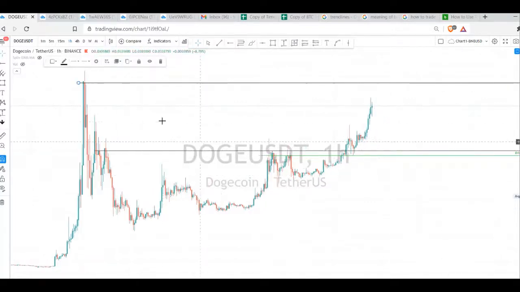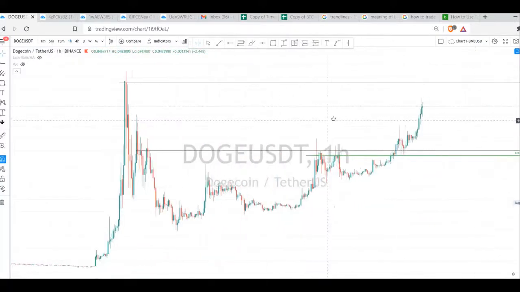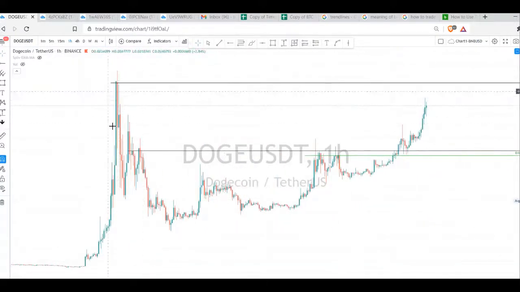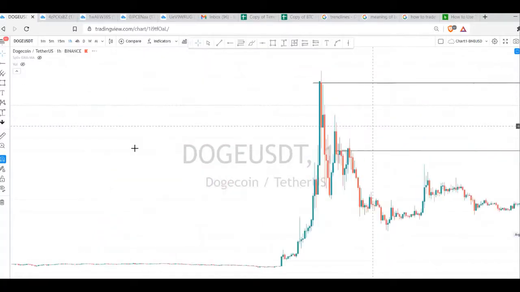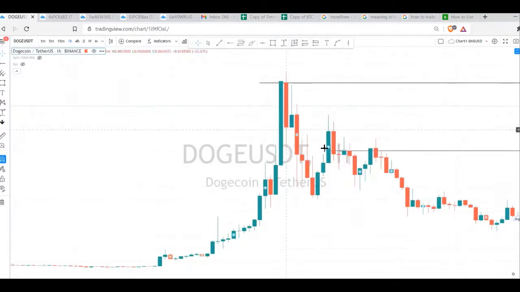That's because we have memories, and that's why we look at past data. We are looking at the past data of the market, and we saw that when Doge got to this level, it came back. When Doge got to this level, you see it rose to this level and it fell.